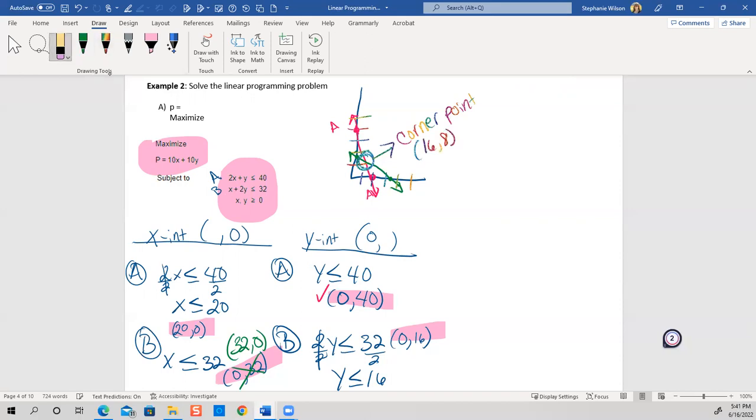So that's important. We need that. I'm going to erase that little circle. So my next thing is I need to determine where we're at on this graph as ordered pairs that are true to both equations.